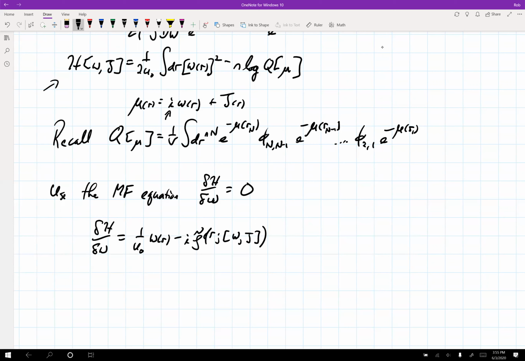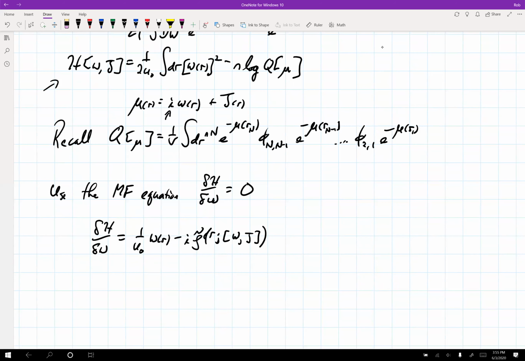And so I write this as a function of r, and then the semicolon, then this is a functional dependence on both this auxiliary field that we've introduced and the chemical potential field W that came about from the Hubbard-Stratonovich transformation. Right? So it has this extra field that we made up that we're introducing to help us bias to get a particular density field, and the field that comes about through the interparticle interactions.